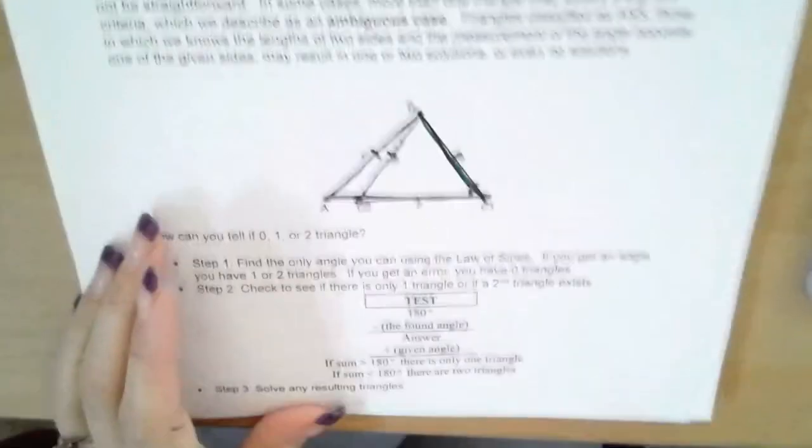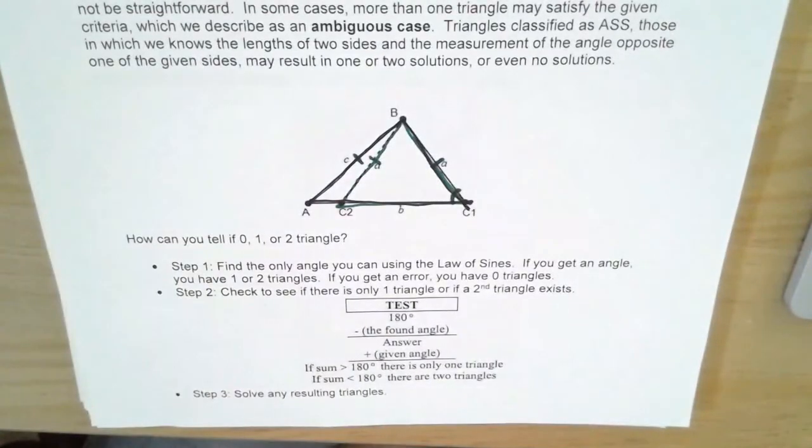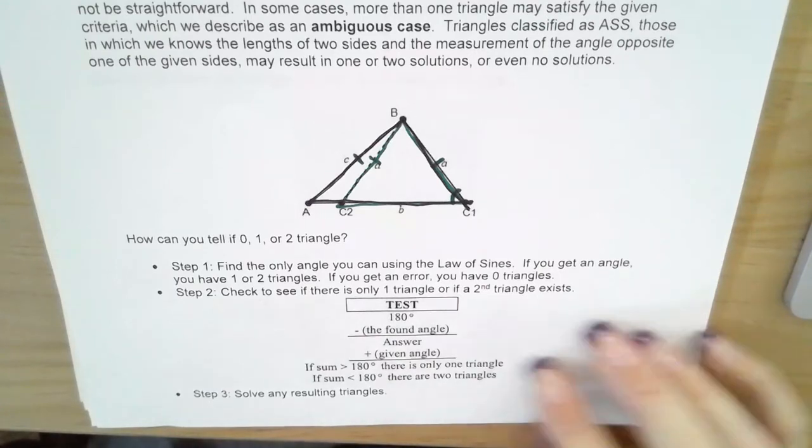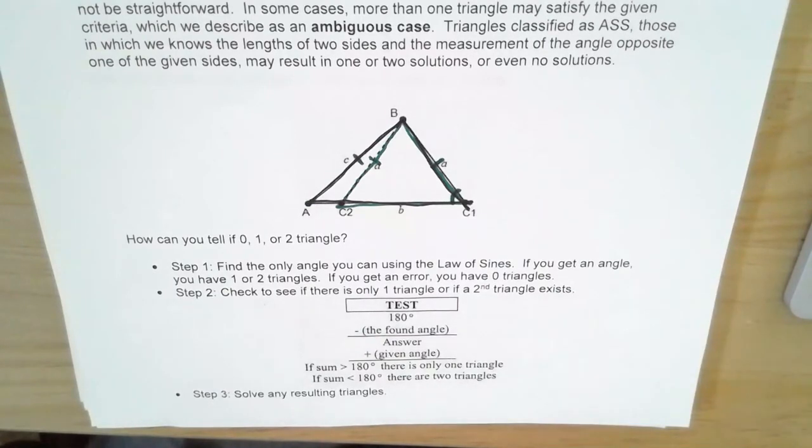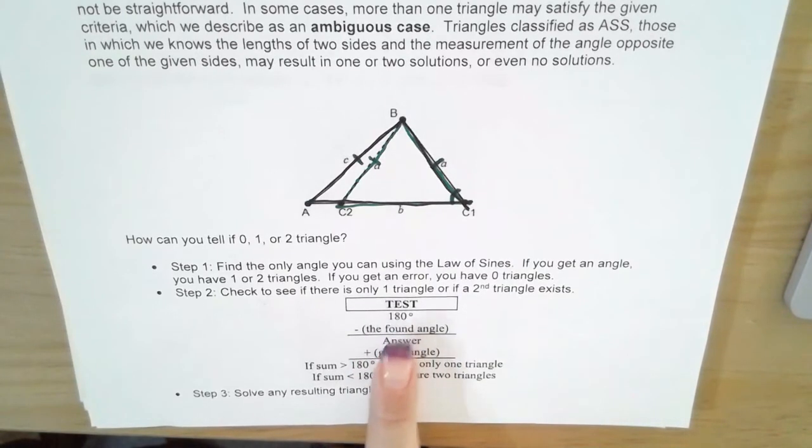So how can we tell this? Well, we have a test, if you remember from last year. What will happen is that we will be solving for an angle first, because we only have one angle. When we solve for that angle, we're going to check it with this test to find out if there are one or two triangles. What we do is we take 180 minus the angle we had just found using law of sines.